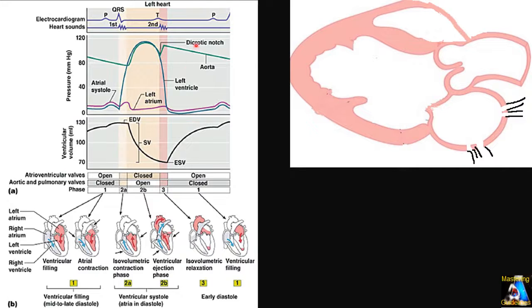And the filling continues during diastole, but since this part of the cardiac filling happens inactively, we call it early diastolic filling, or passive filling, or rapid filling of the left ventricle, because the left atrium is not contracting; it is at the isoelectric level, so there is no contractility in the left atrium.